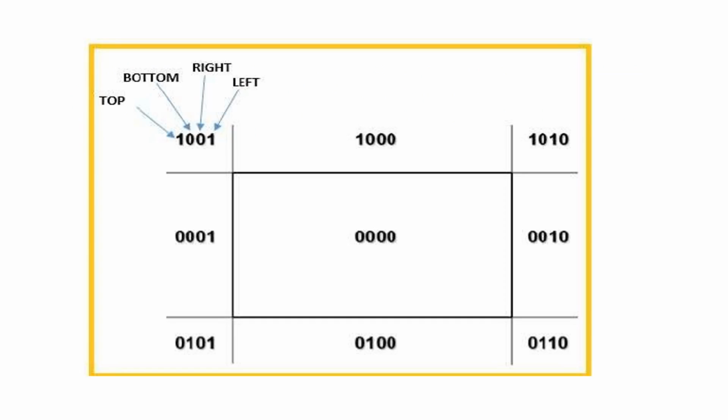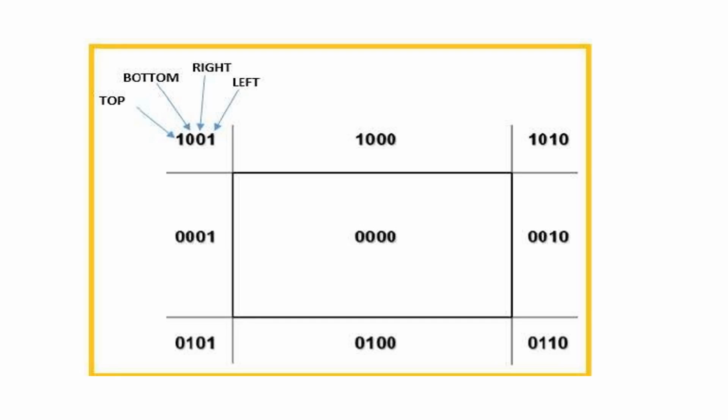This is a window drawn in black, and inside this window the center region code is 0000, which means left, right, top and bottom bits are all 0.